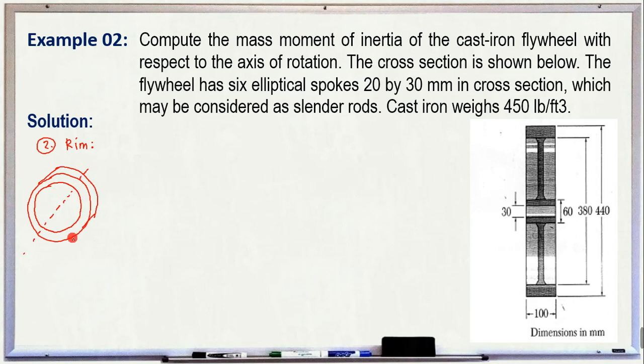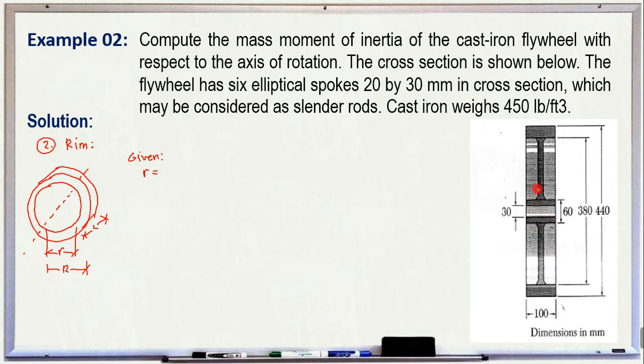So yung rim natin, meron siyang inner radius r, tapos outer radius R, tapos may length din siya. Same with the hub. For the rim, given natin the R for the rim, pareho lang po siya sa hub. I mean, hindi pala, sorry.